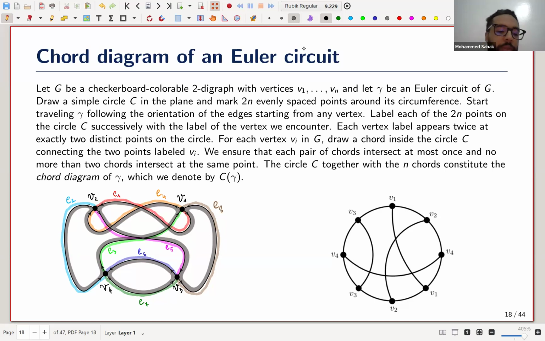Since the Euler circuit visits each vertex exactly twice, the vertex will appear twice on the circumference of the circle.